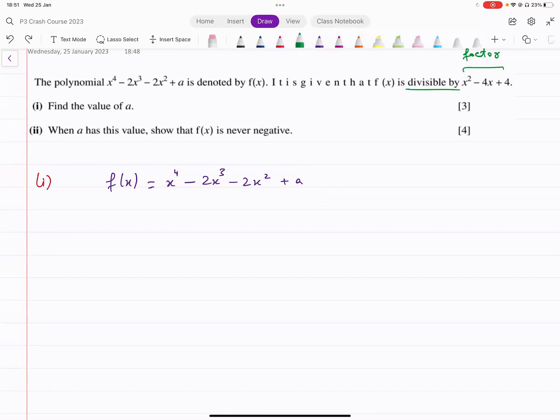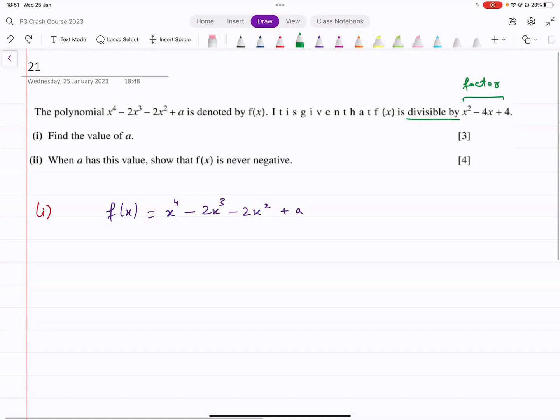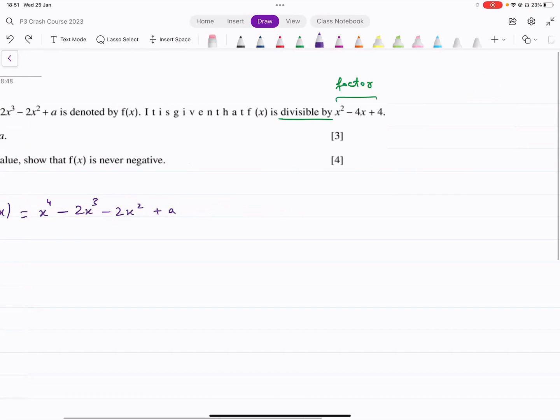But if you think about it, there's actually a quicker way of doing this, and we can actually change the divisor in a way in this particular question that it becomes linear, or we can actually find the linear factors for these divisors. We can't make this linear, but we can split it further into its linear factors, because this is something that we can break the middle term for. We can do middle term breaking here.